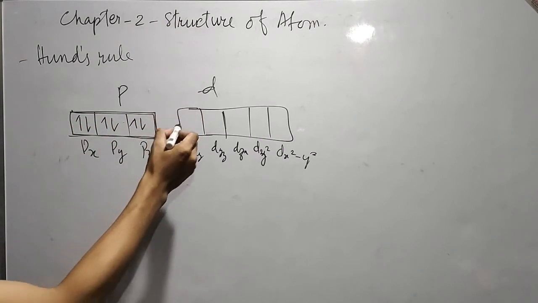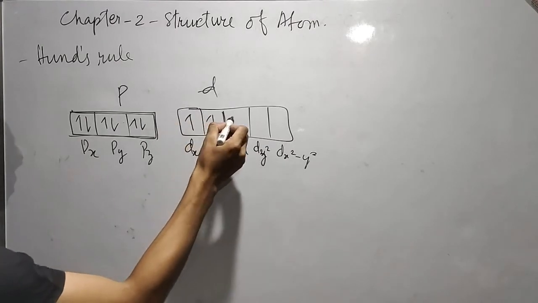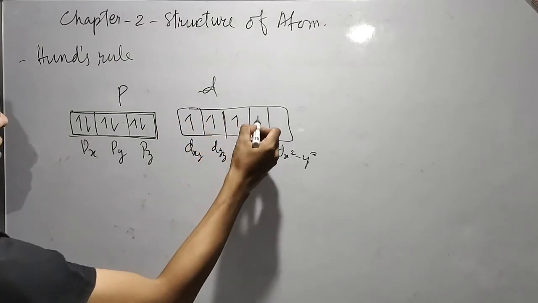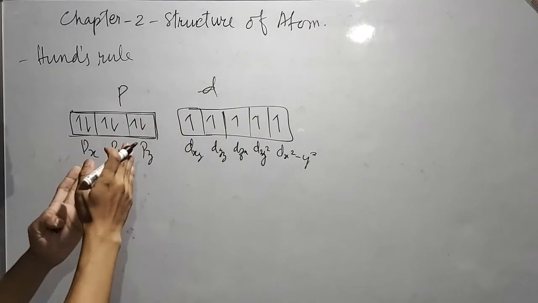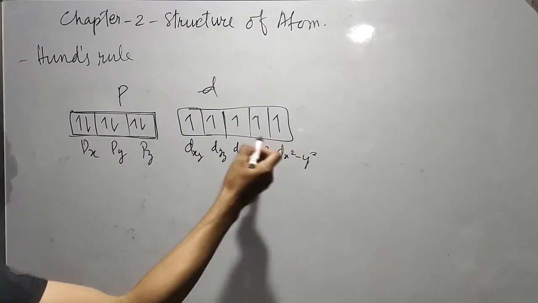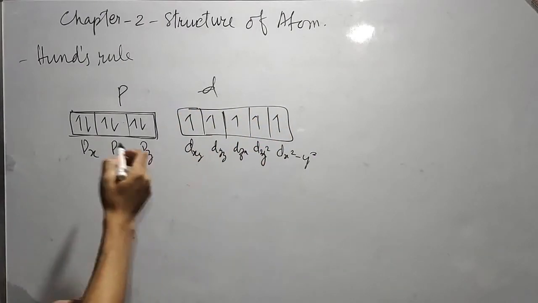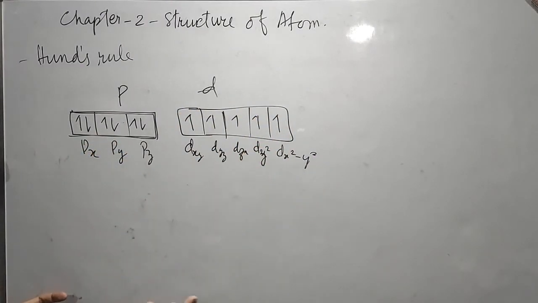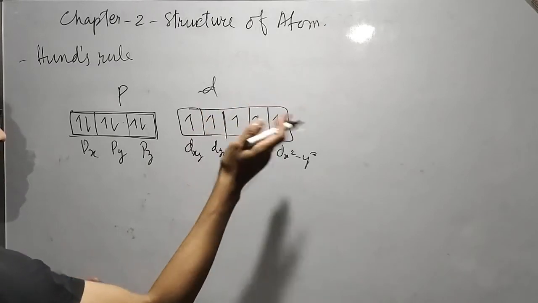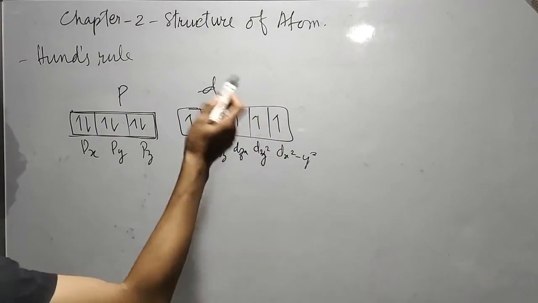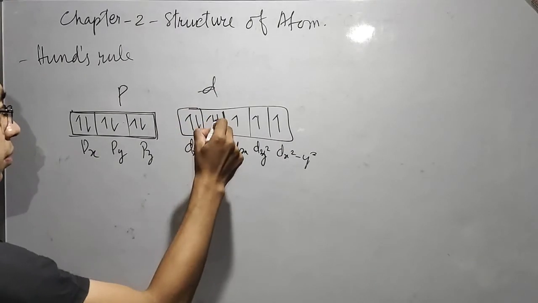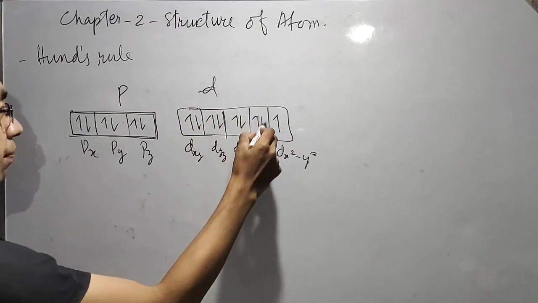If the single filling is full in this d orbital or p orbital or any other degenerate orbital, then only will it come for the pairing up.